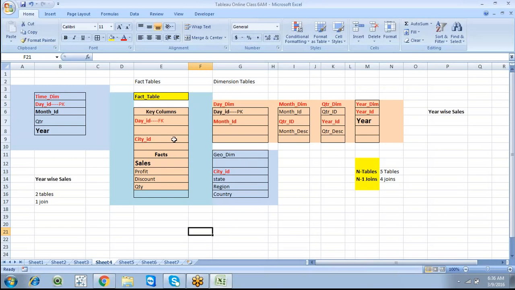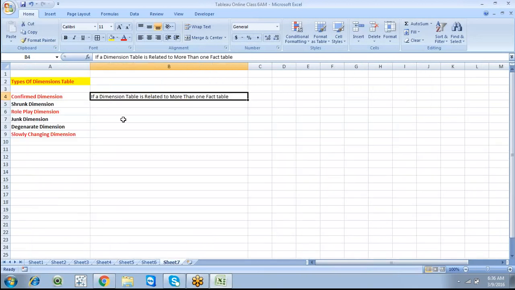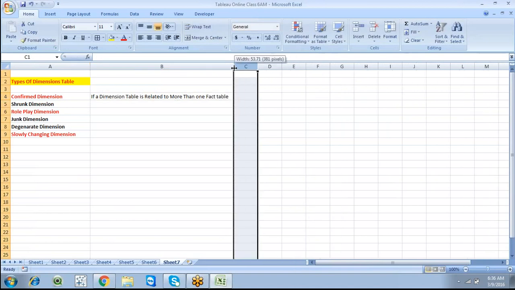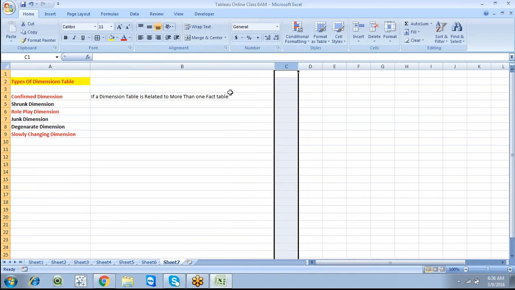But when it comes to a conformed dimension, if a dimension is related to more than one fact table, that is called a conformed dimension.